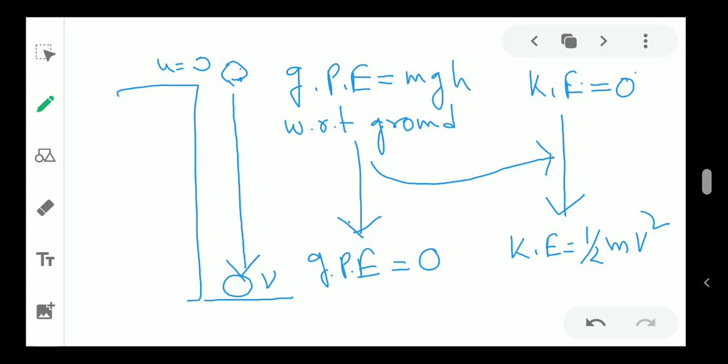So one thing you can say, that the initial total energy should be same as the final total energy. We can easily write that mgh, which was the initial potential energy, will be same as the final kinetic energy, that is half mv square.